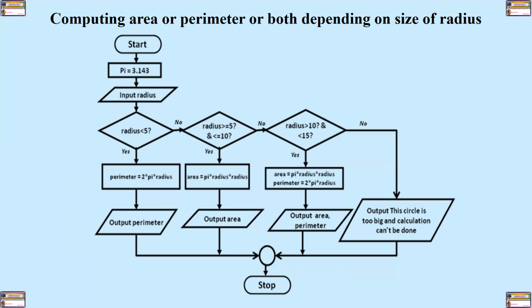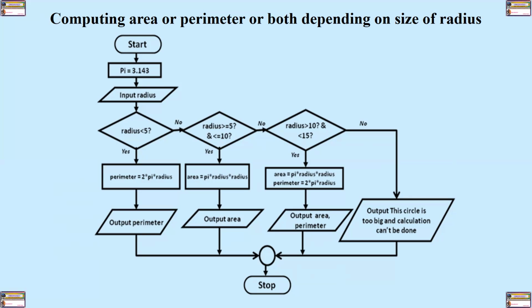Otherwise, if radius is not less than 5 and it is not between 5 and 10, next, check if it is more than 10 and less than 15. If that condition evaluates to true, that is yes, do two things. Compute area and compute perimeter.